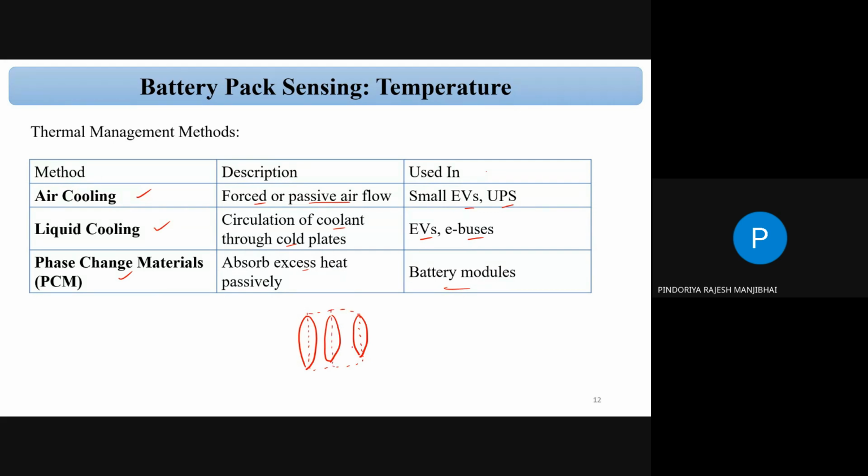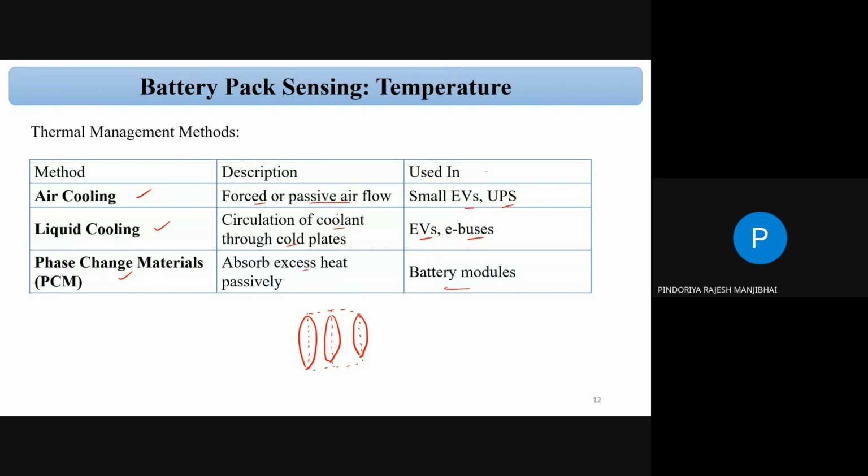Do you know the radiator in the vehicle? Yes, the heat radiator. It is the same thing. Inside the radiator, we can put the water, and water is a liquid. So there is the same material.